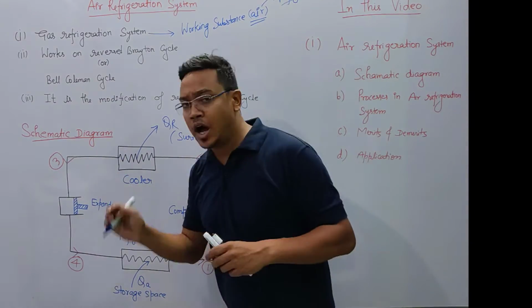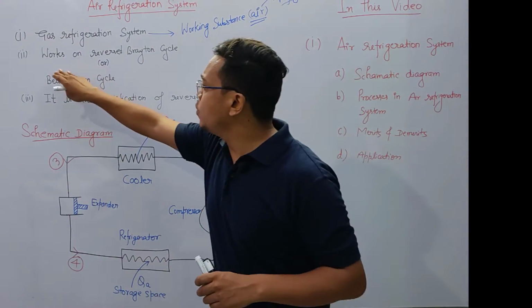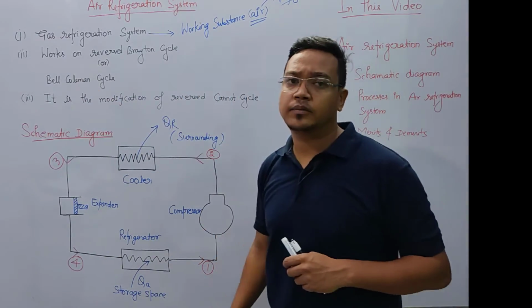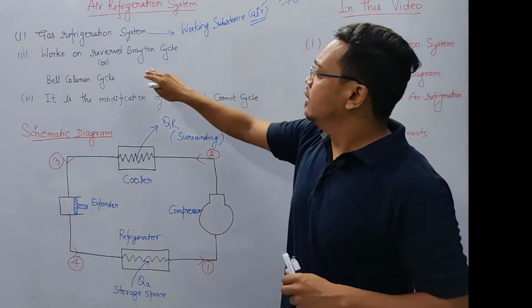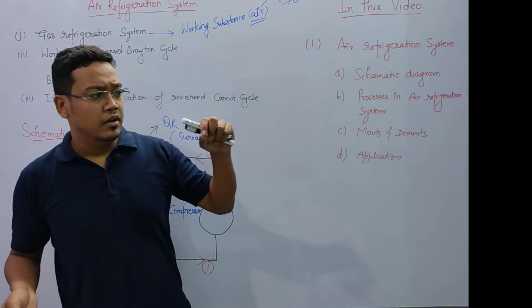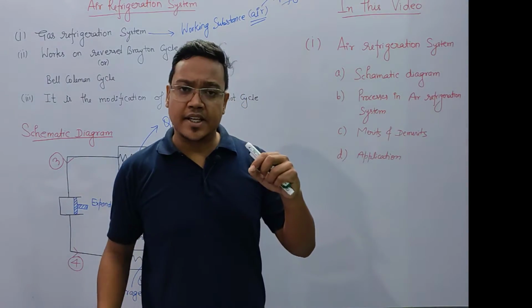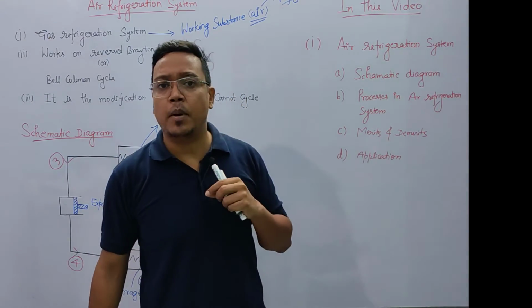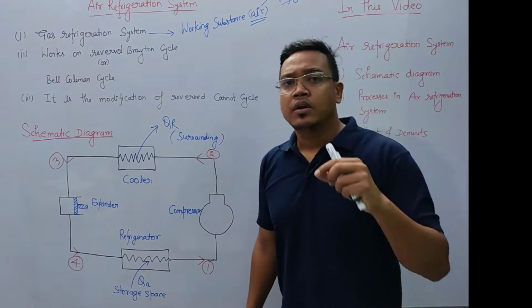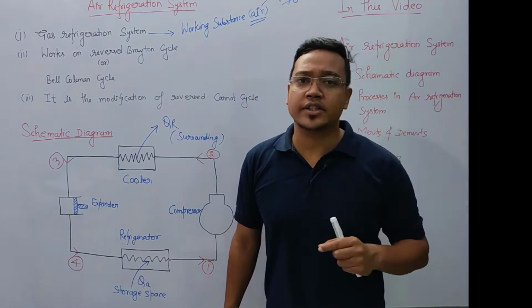Okay friends. Now, second point. It works on reverse Brayton cycle or Bell-Coleman cycle. Actually, the reverse Carnot refrigerator and reverse Carnot heat pump were operating on the basis of reverse Carnot cycle.